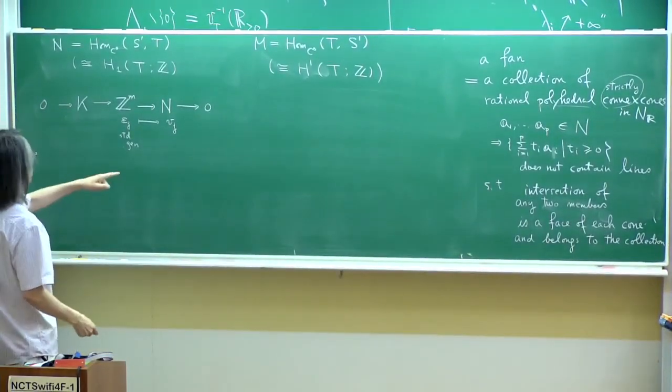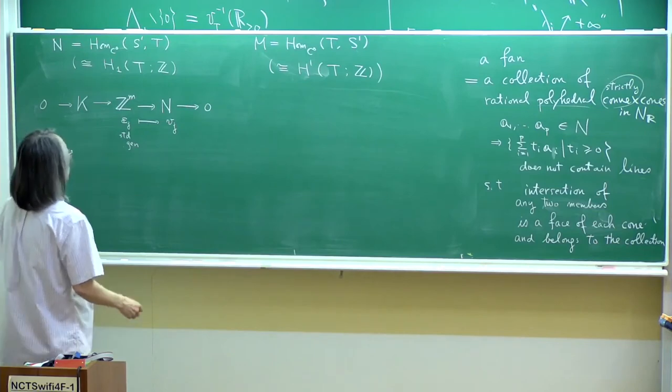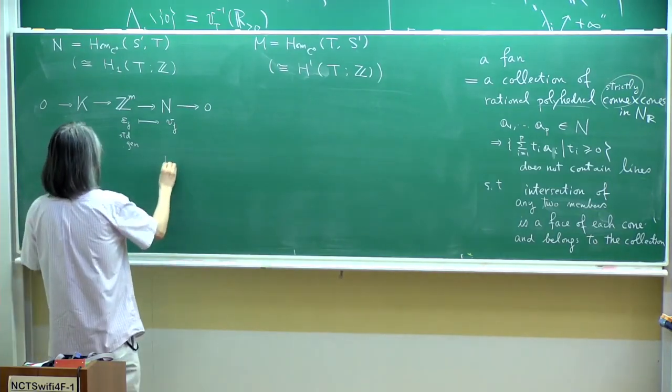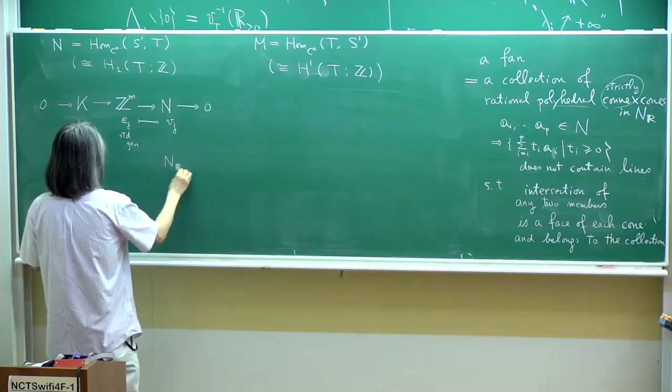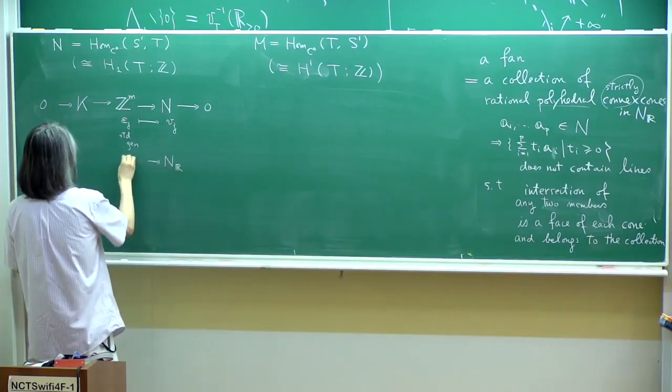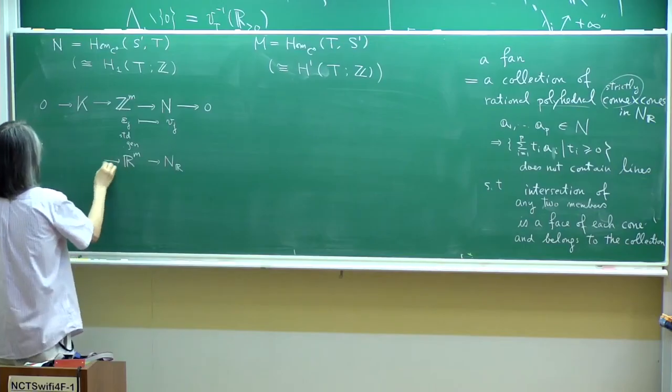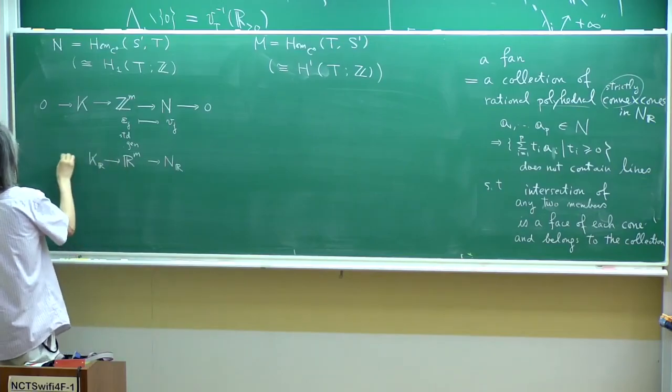And then the dual of this is, so okay, here I have N_R, and here R^m, and K_R, like this.